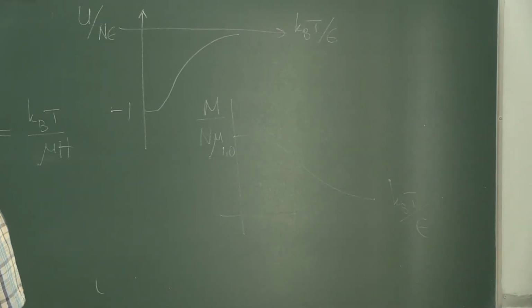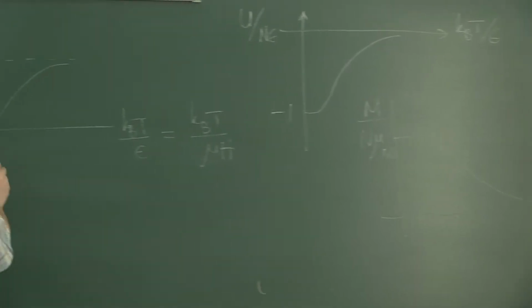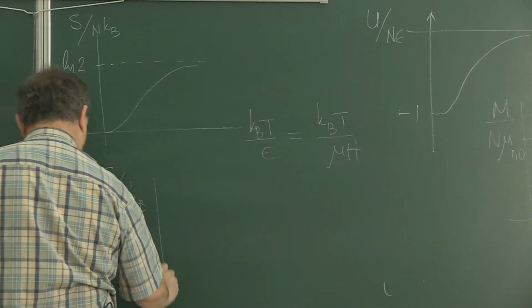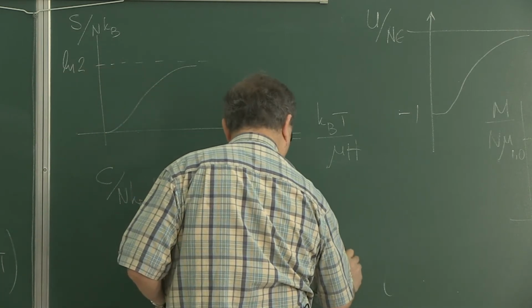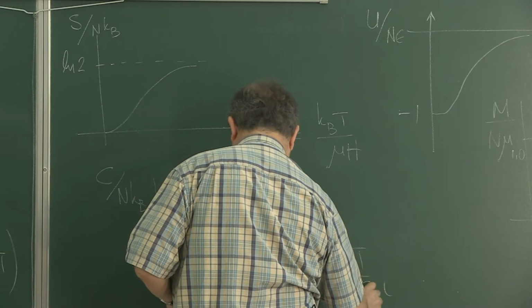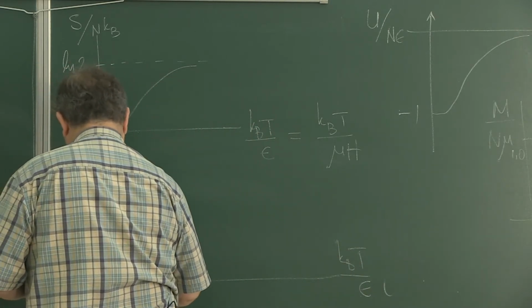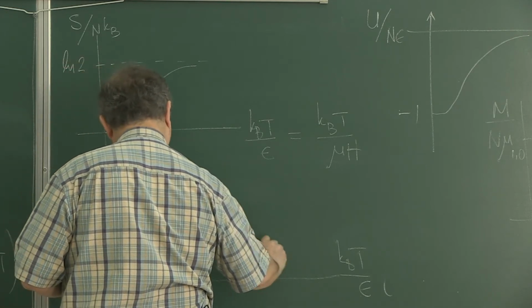Now, heat capacity, C, in units of nkB, as a function of kBT over E. Well, it has a nice behavior.